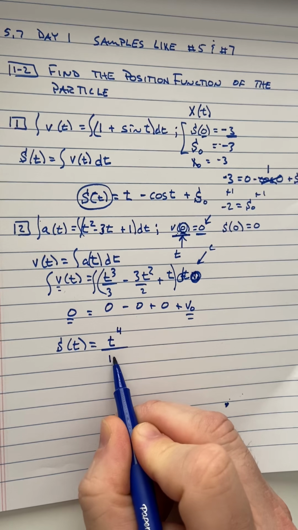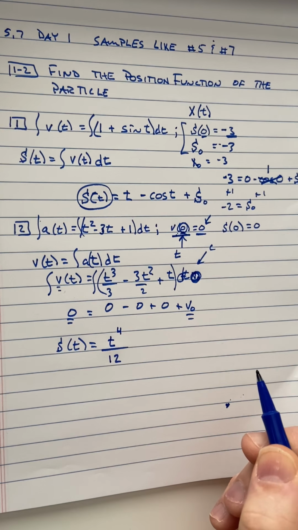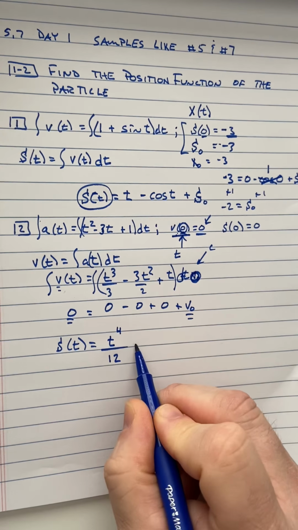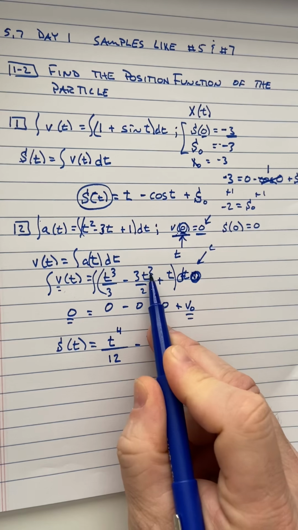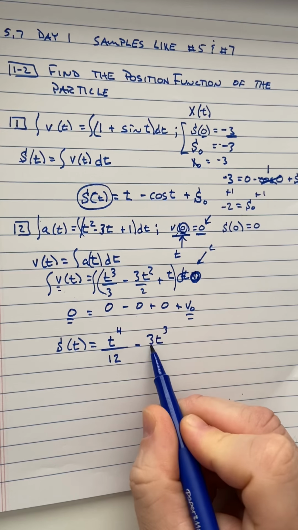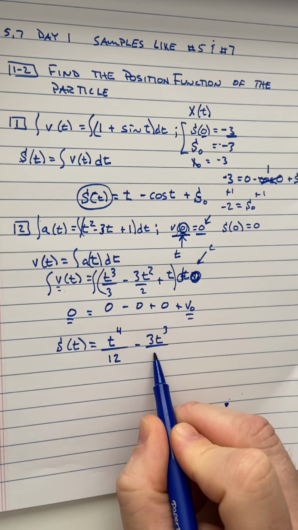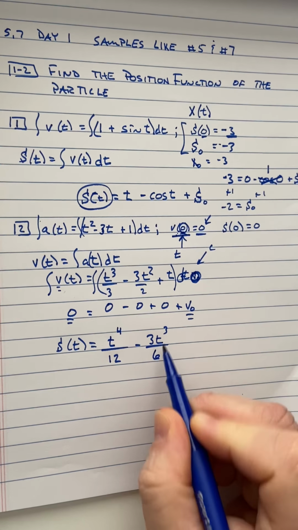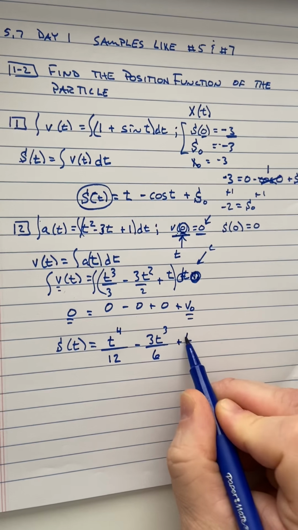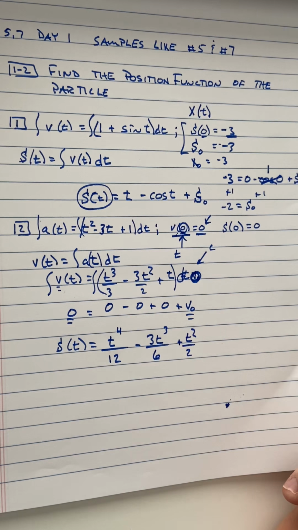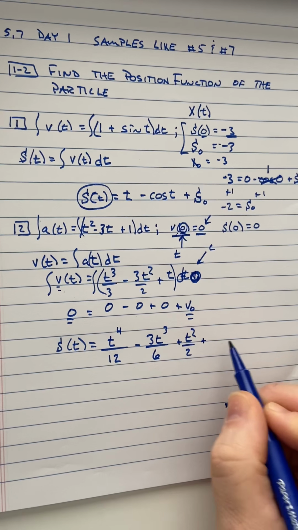There's already a 3 down there. Raise the power. Add 1 to that. Divide by the power. Well, there's already a 2 down there, so that turns into a 6. Raise the power. Divide by the power. And don't forget your constant.